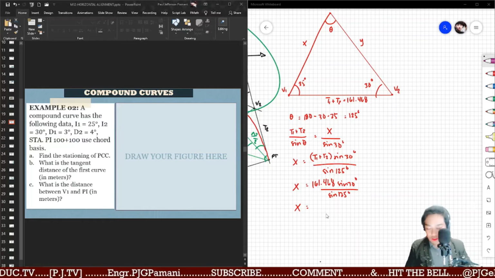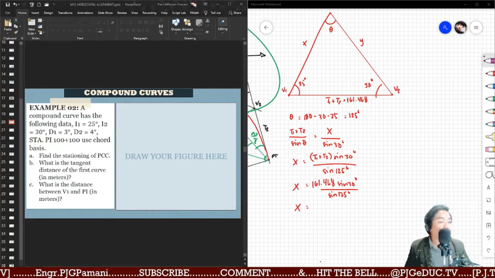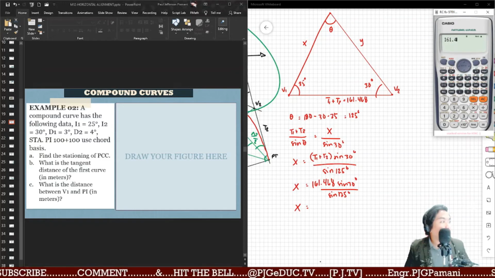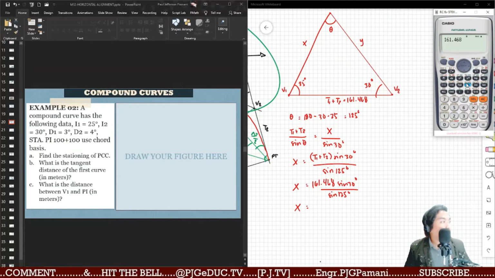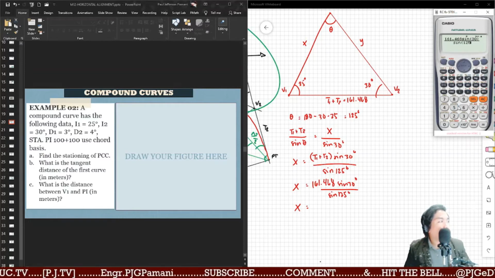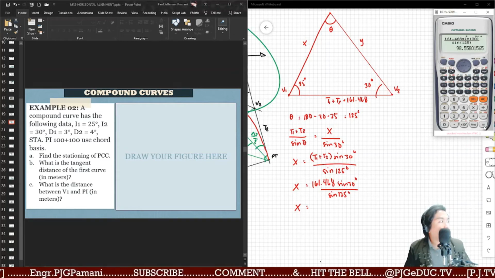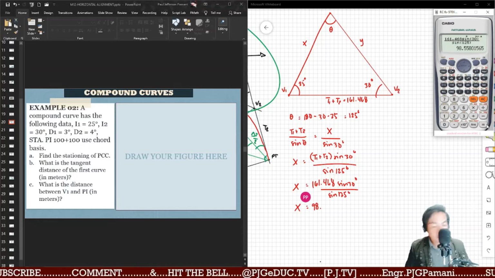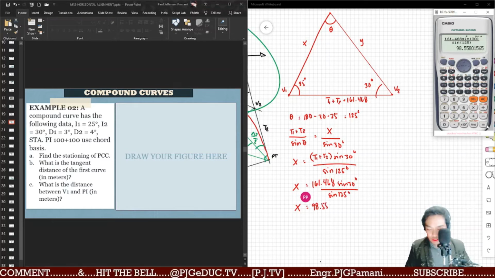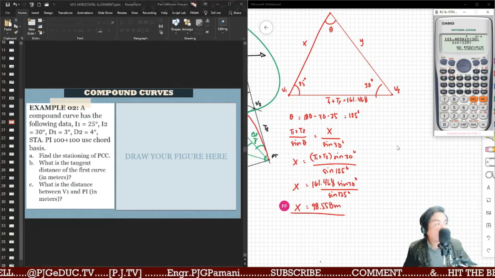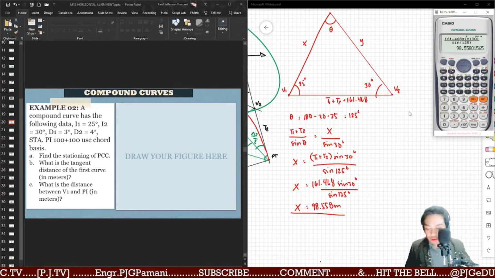Ayan, that is 161.468 sine 30 over sine 125. That is 98.558 meters.